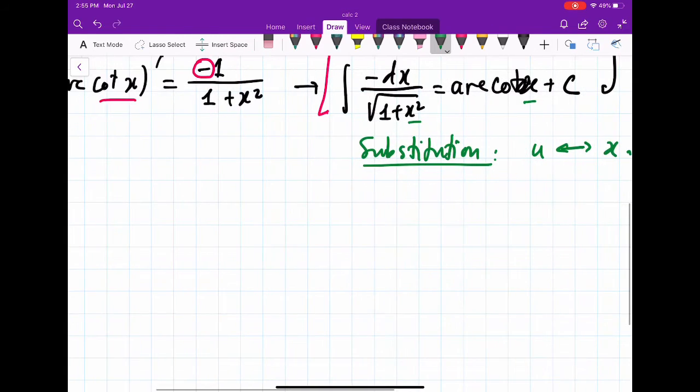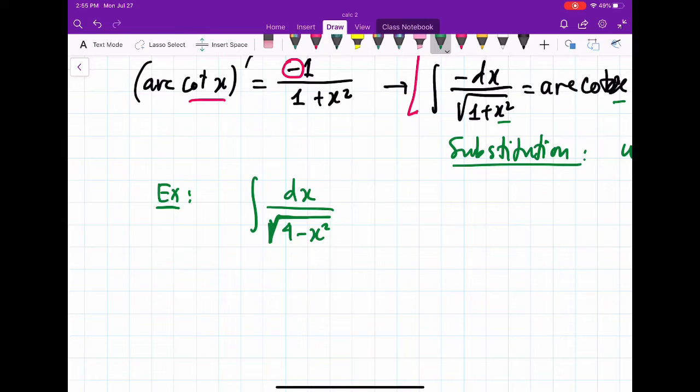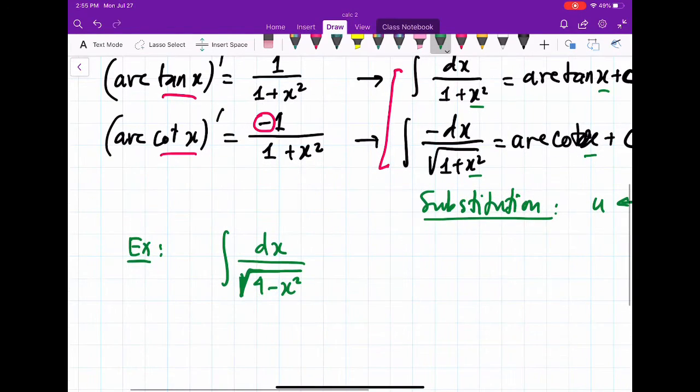Let's consider the following example. We have the integral of dx over square root of 4 minus x squared. The most important thing in this topic is you need to know how to recognize the integral formula.